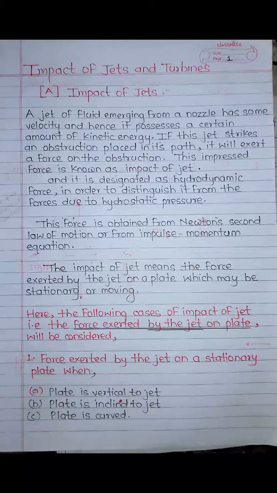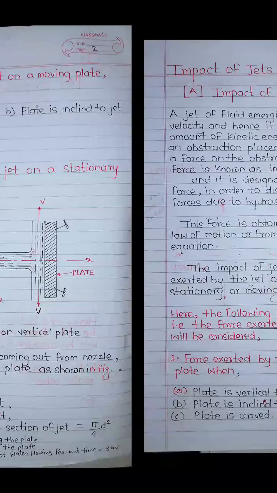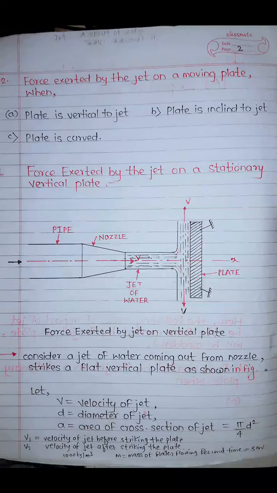So depending upon both conditions, there are some cases in the impact of jet. The first one is force exerted by the jet on a stationary plate, when the plate is vertical to the jet, the plate is inclined to the jet, and the plate is curved. And the second one is when the plate is moving: the plate is moving, and is vertical to the jet, inclined to the jet, and curved.